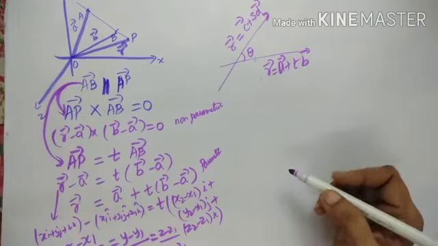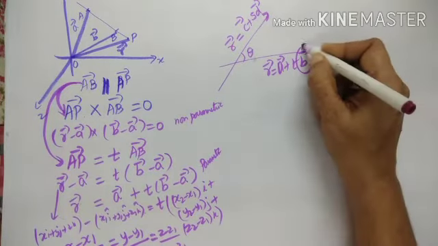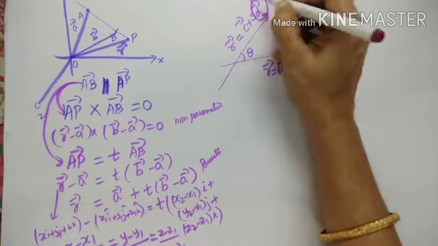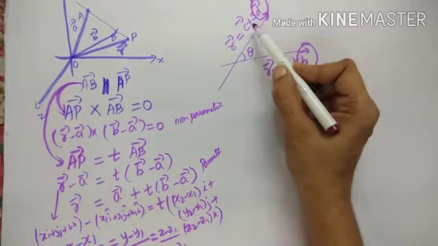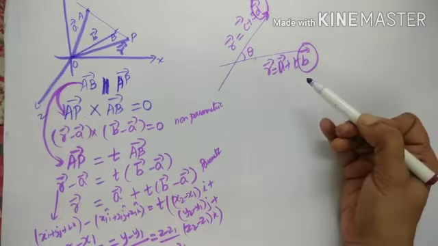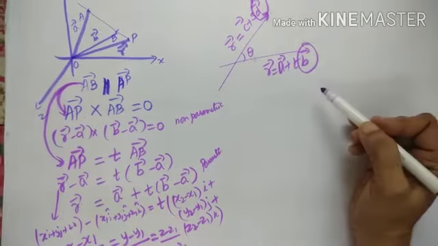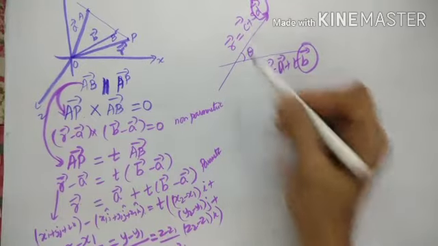Which is the direction? B is the direction here. D is the direction here. So always remember, whatever comes with T, with S, with the scalar represents direction. The other one represents point.